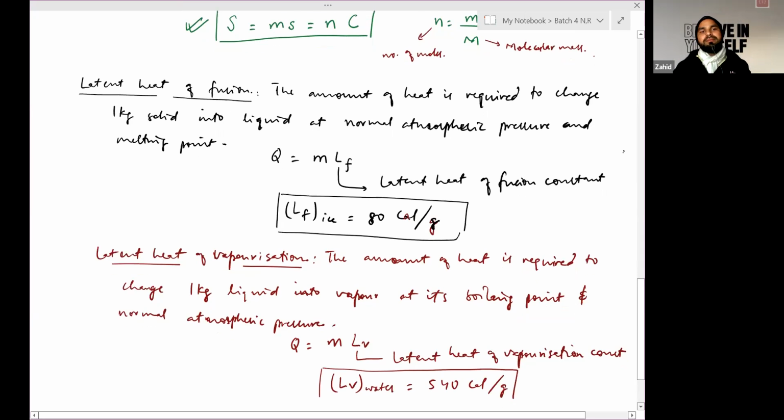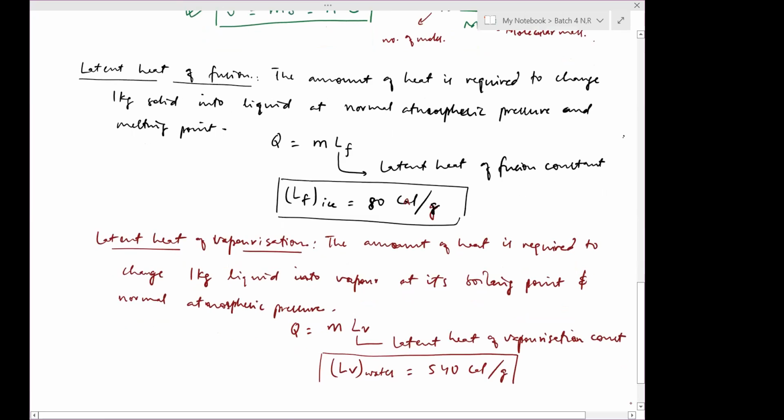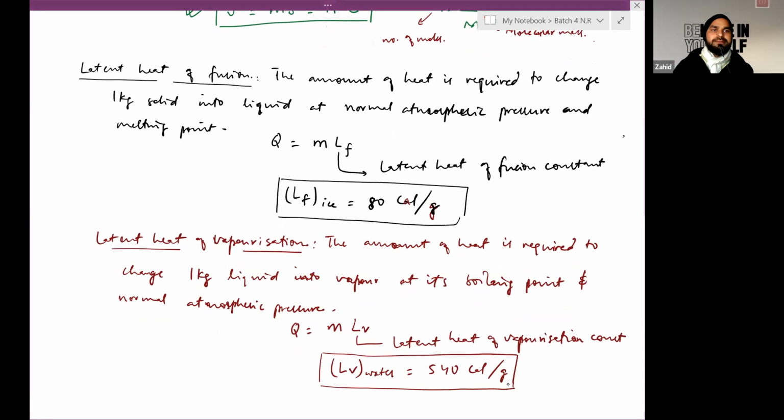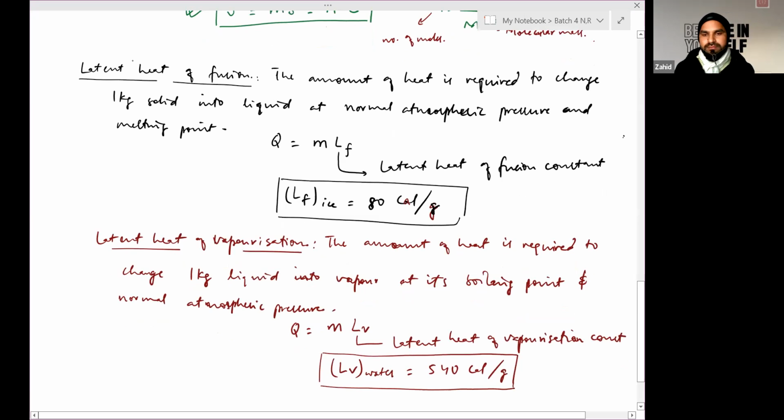Okay, Gautam? Yes, sir. Just write it down to this part. I'm giving just a 2-minute break, okay?